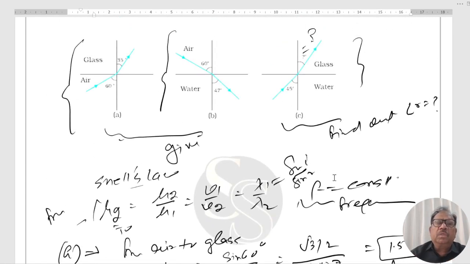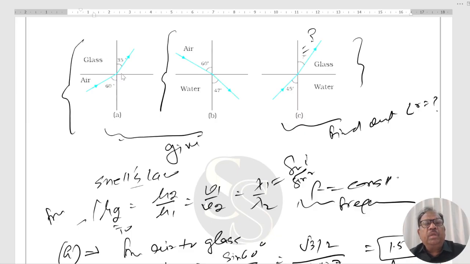Now, in this case, application of Snell's law is there. Snell's law is applicable when change of medium is there. From to. From is the medium in which the ray is incident, to is the medium through which the ray passes after refraction. Right? Now in this case, this is air to water.